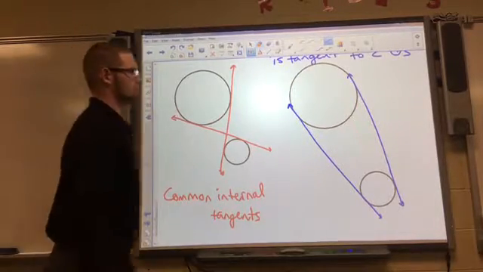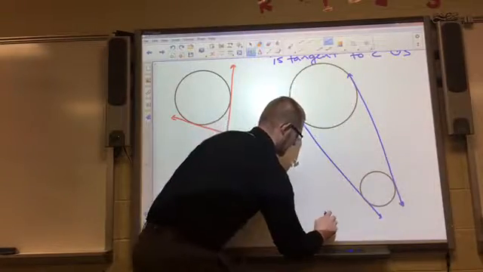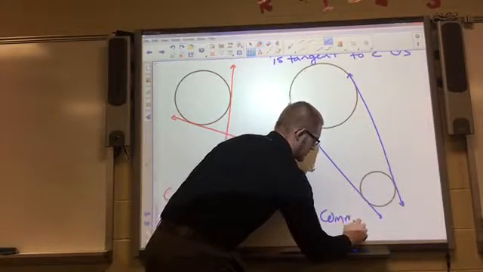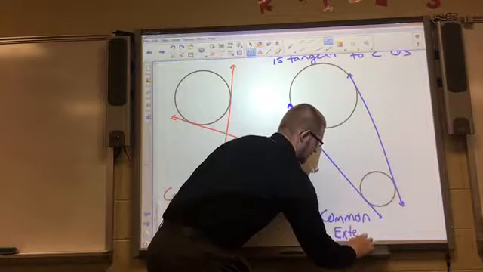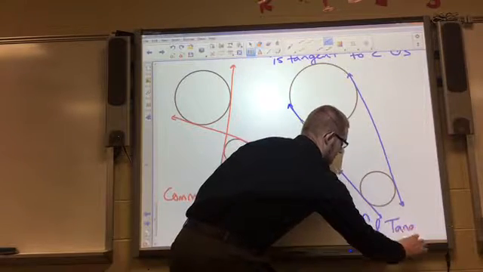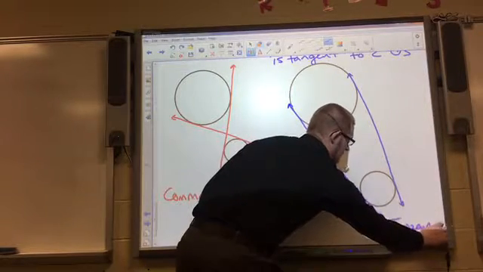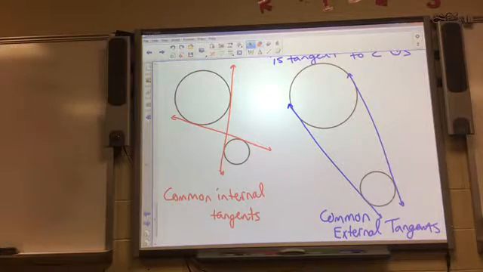These are common, I don't know where to write it at, external tangents. Are the circles externally tangent to each other?